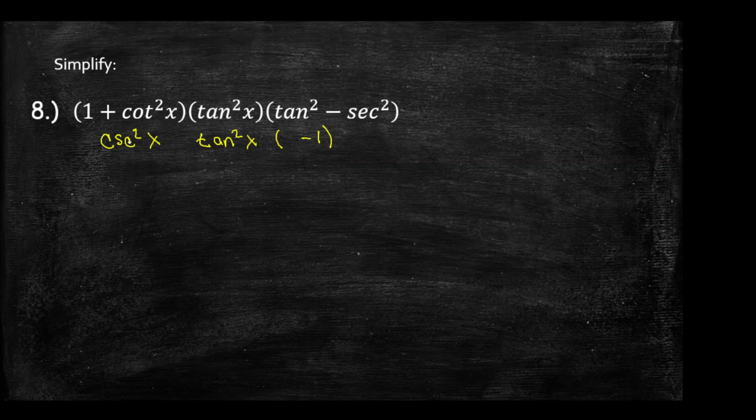Cosecant, of course, is 1 over sine, so this is 1 over sine squared x. Tangent is sine squared over cosine squared. And this whole thing's times -1, so I'm just going to put that over here as negative. So these cancel out, and I'm left with 1 over cosine squared x, which is secant squared x, and it's negative. So let's just call that negative secant squared x.